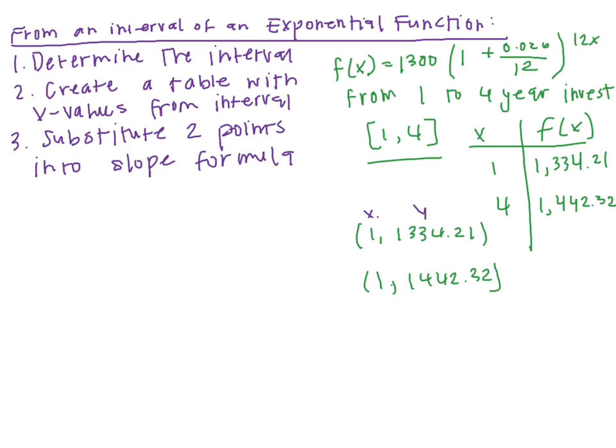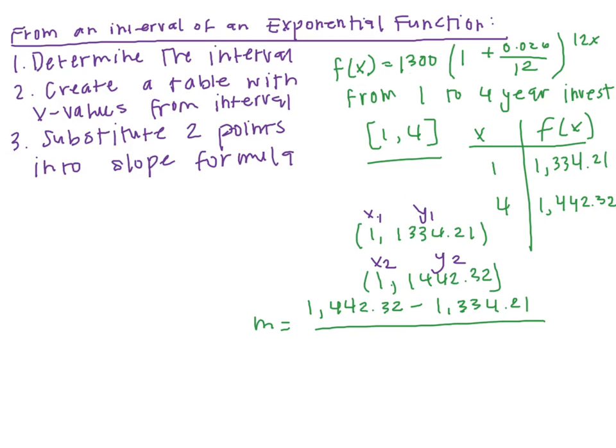So we have x1, y1, x2, y2. And when we substitute those into slope formula, we have m equals, our y2 is $1,442.32. Y1 is $1,334.21. And x2 is 4, x1 is 1.